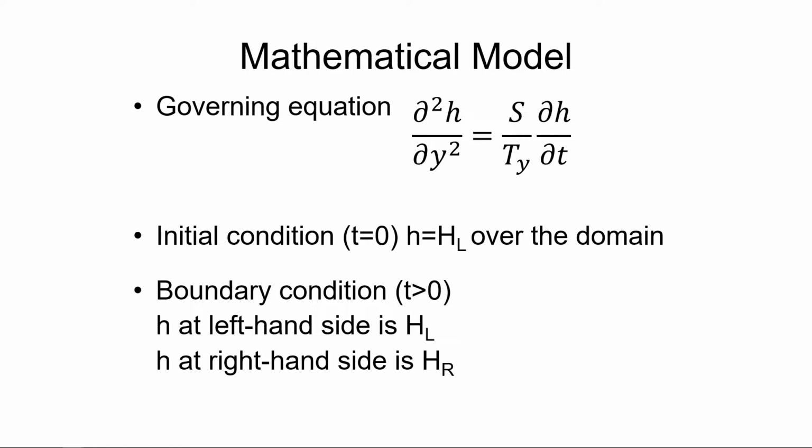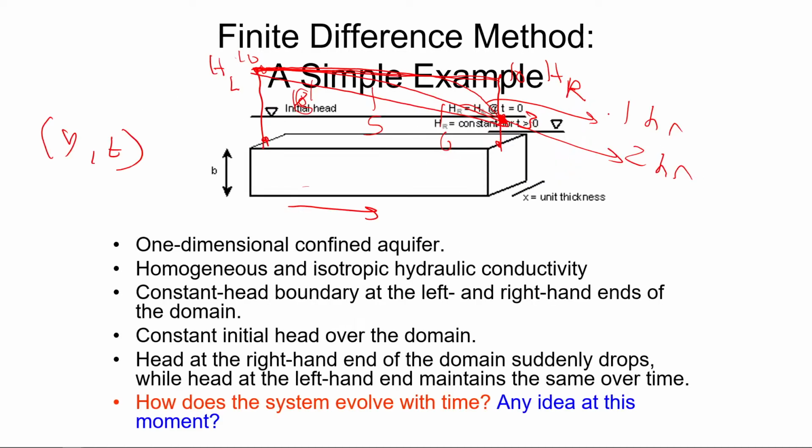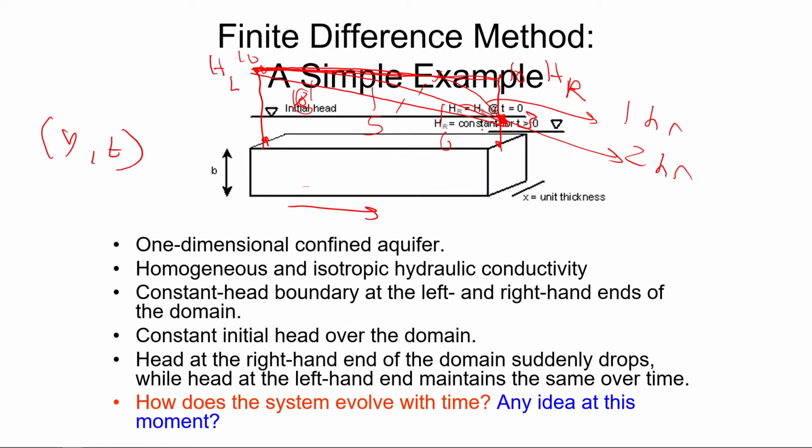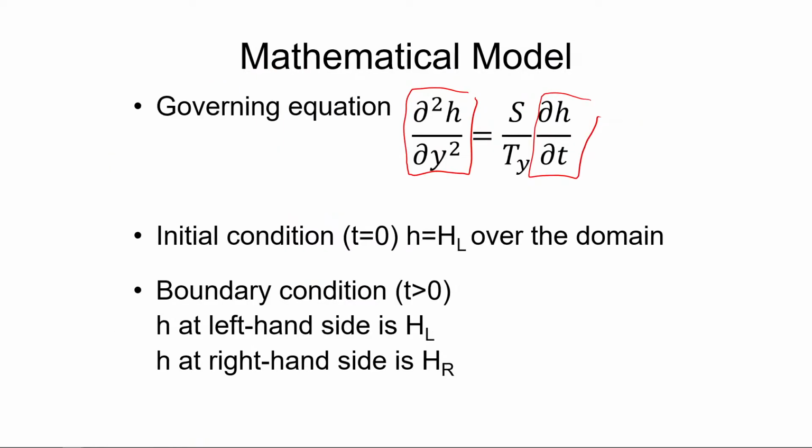So here I'm showing you how head is changing in time, from one time here to another time here to a third time here, but it also describes how the head is changing in space. So you see here, here, here, here, here at a given time step. And we are describing some boundary conditions.